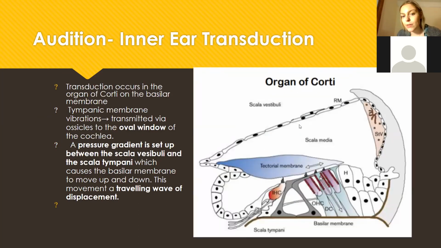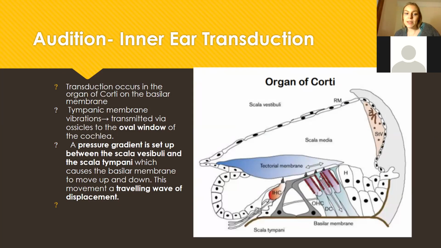Cool. Okay, so off the back of that, we'll now discuss inner ear transduction. Just like physical stimulus in touch, or light in vision, sound and vibration will be the stimulus for hearing, and it'll be our cochlea that transmits this into an electrical signal.